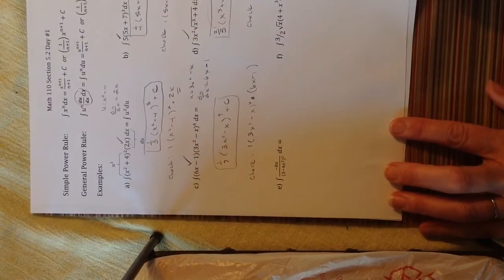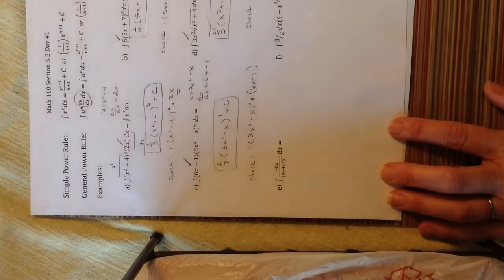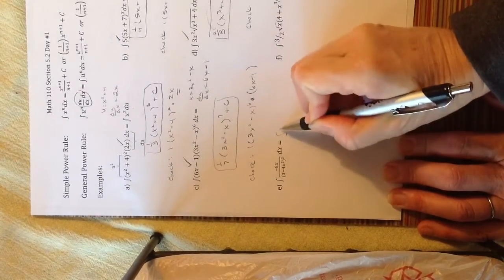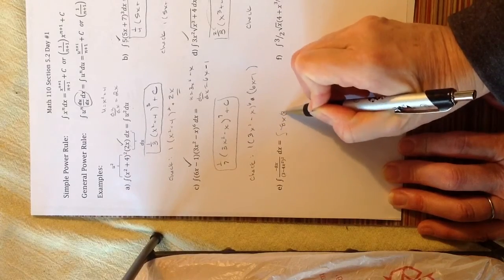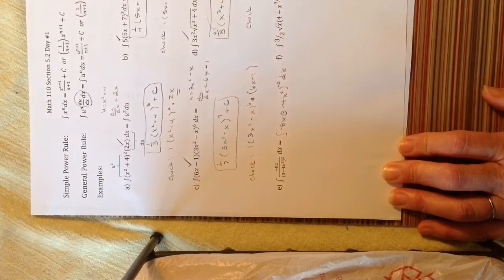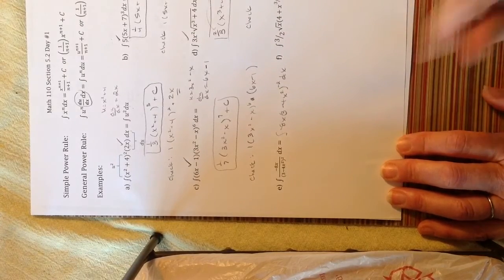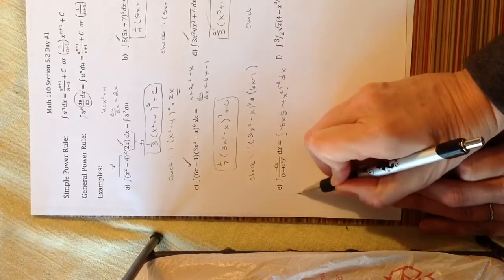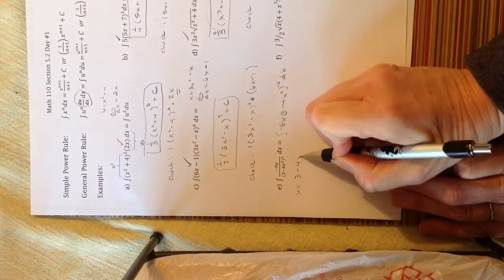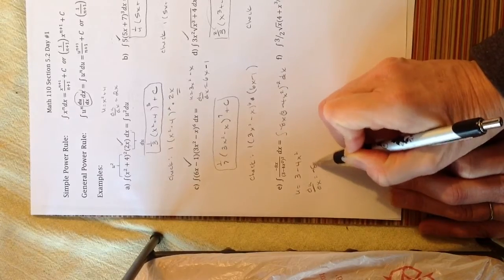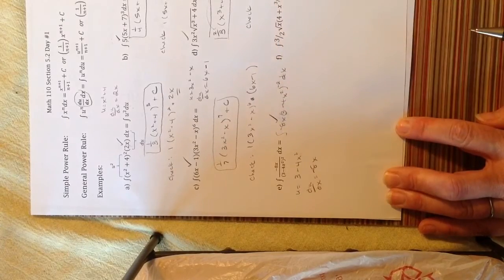All right, so e looks like a fraction. It doesn't have to look like a fraction. It could look like negative 8x times 3 minus 4x squared to the negative 2. And so u is going to be this quantity that's raised to the power. And that means du/dx is negative 8x, which is right there.